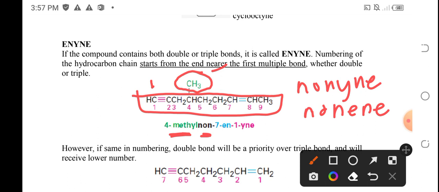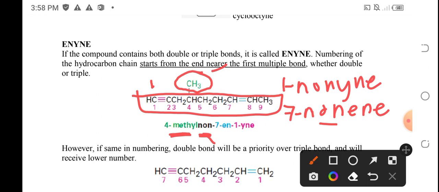Okay? So, we have the non that represents the parent chain. The position of the triple bond is at carbon number 1 and 2, but we are going to use 1 only. And the position of the double bond is between 7 and 8, but we are not going to use the 7 and 8. We are just going to use the 7.